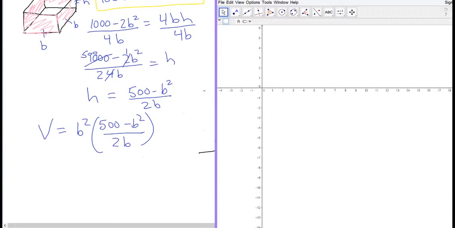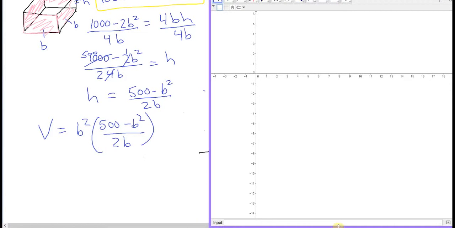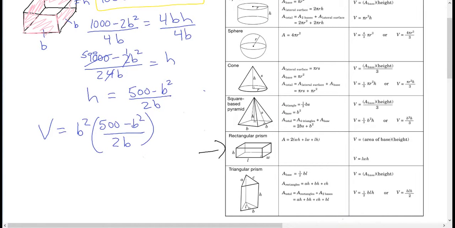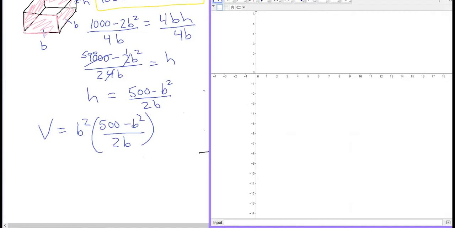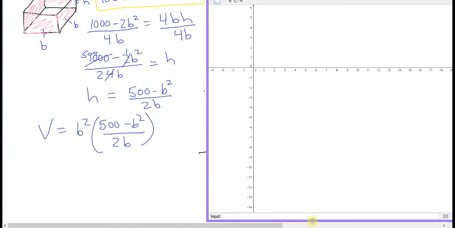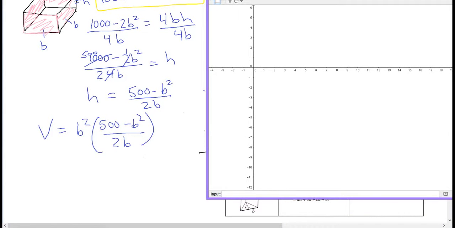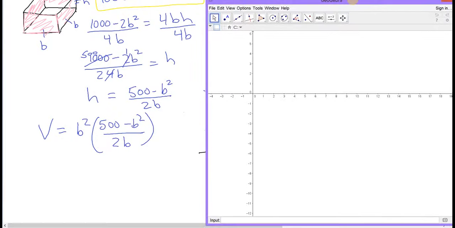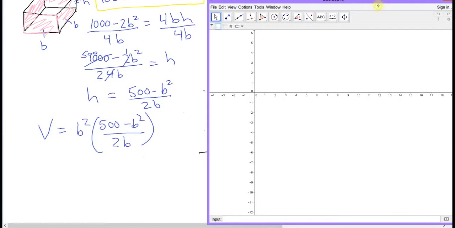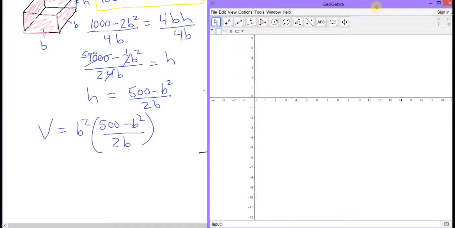So if you want to make it in GeoGebra, you can too. Oops, don't disappear, GeoGebra. Okay. So we want to input this, and remember we have to be careful when we input it. Hopefully we'll do it perfectly the first try.